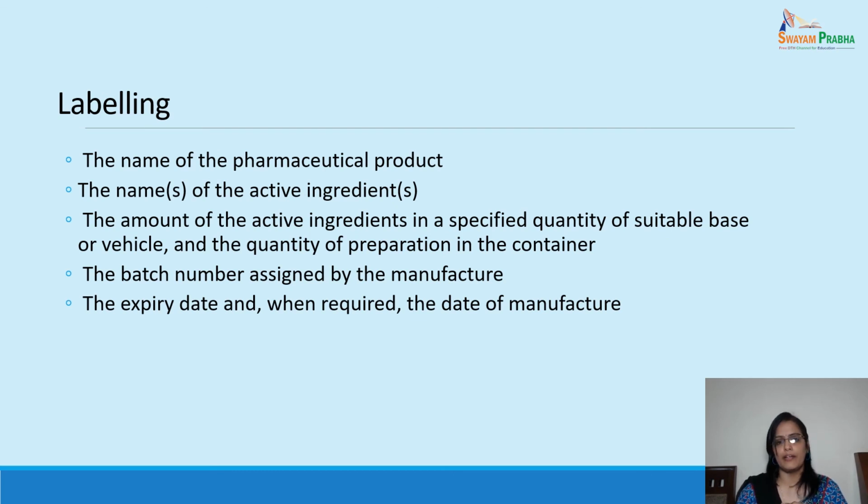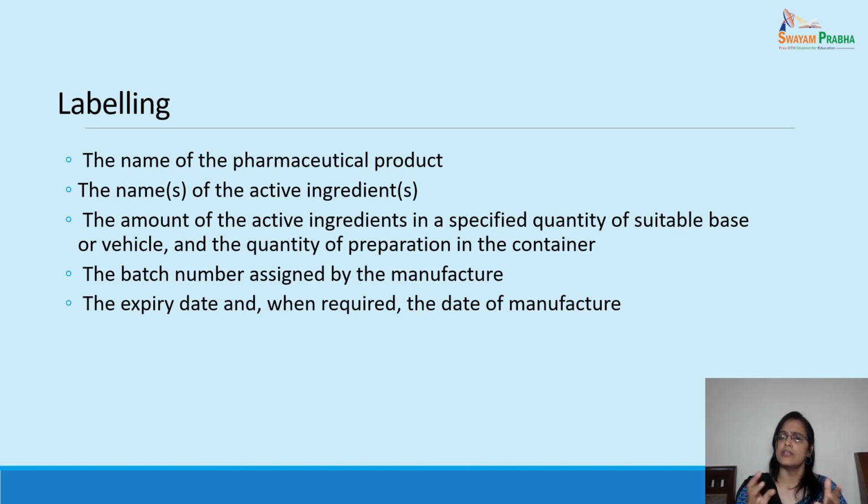Now, labeling requirements. The label should include the name of the pharmaceutical product, the name of the active ingredient, the list of the other ingredients which are used, and if a special active ingredient is used for a special purpose, the quantity should be mentioned. The batch number, the expiry date, the manufacturing date and the manufacturer's address should be mentioned.